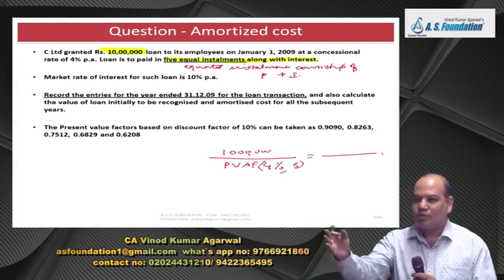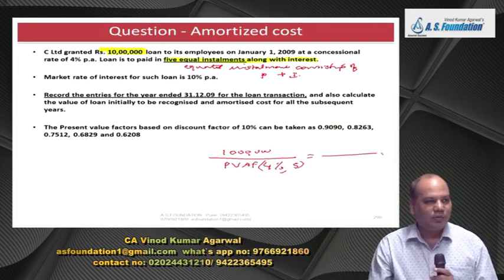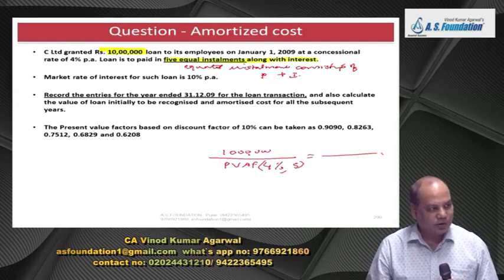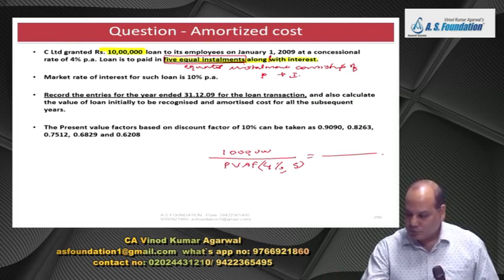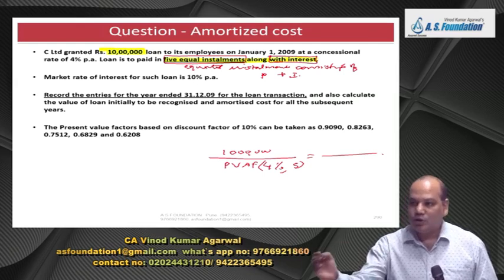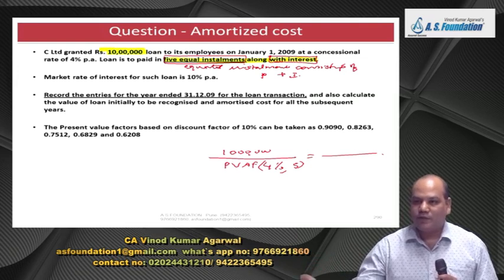Is it right? Like you do in SFM, equated installment, and then your answer will move accordingly. So the drafting of the question is simple. 5 equal installment along with interest, or equated installment consisting of principal and interest, will have a different meaning here.